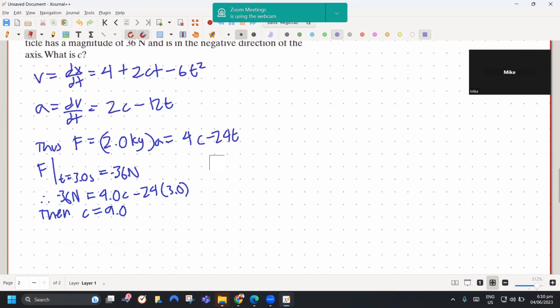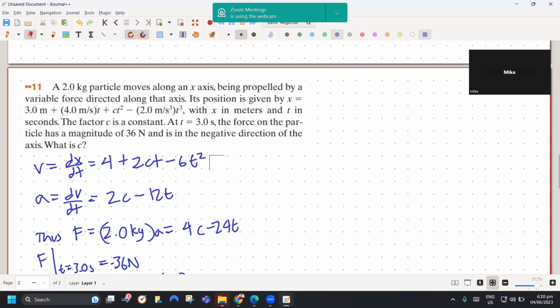Yung x, sulat mo yung x versus t. Para ma-point out, para makita mo. So x is 3.00 meters, include the units, plus 4.0 meter per second times t, plus ct square.